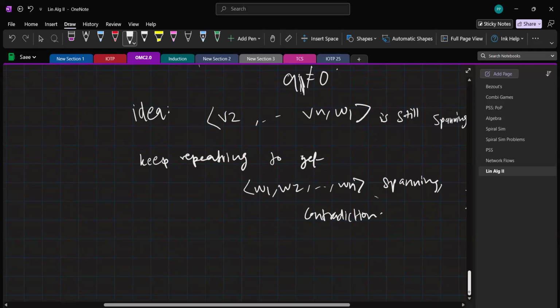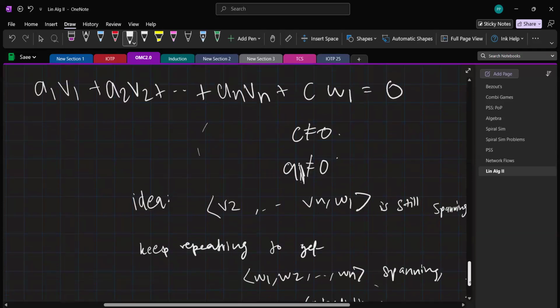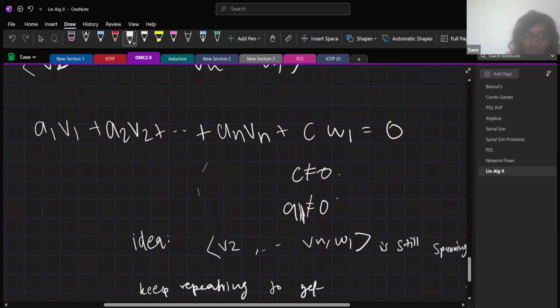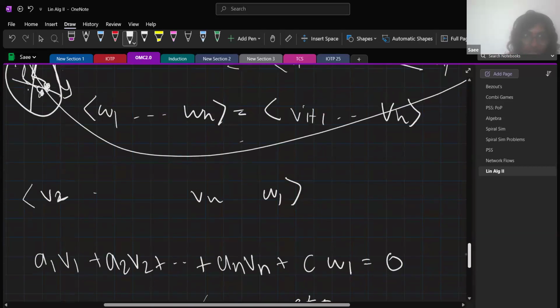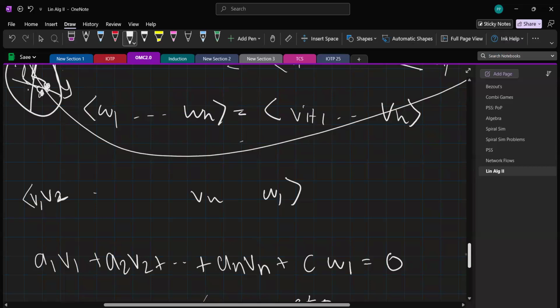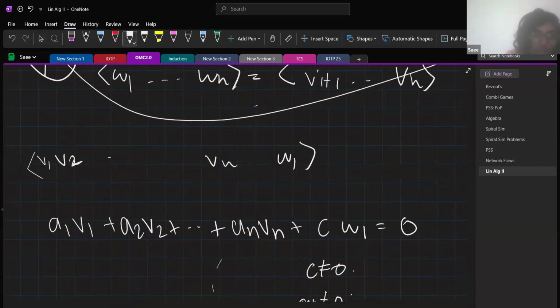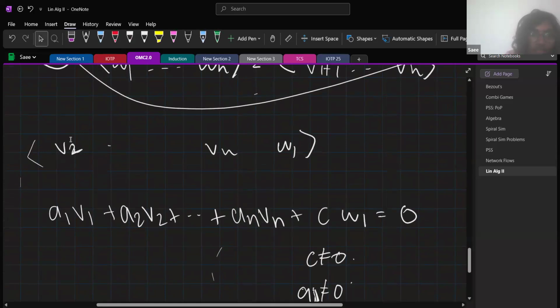I didn't get the idea. Why would that above set still span V? Because, do you agree that this set is still spanning V with V1? That's simply because we're just adding W1 to the set. But now what is happening is, since this set is already spanning, removing V1 is not making a difference because V1 is linearly dependent on these other things.